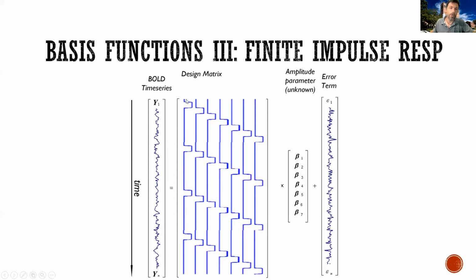The first one is capturing the amplitude of the BOLD response in volume 1 of trial 1, and then volume 1 of trial 2, and then volume 1 of trial 3, and then volume 1 of trial 4. And then the second regressor will code for volume 2 of trial 1, volume 2 of trial 2, volume 2 of trial 3, et cetera.